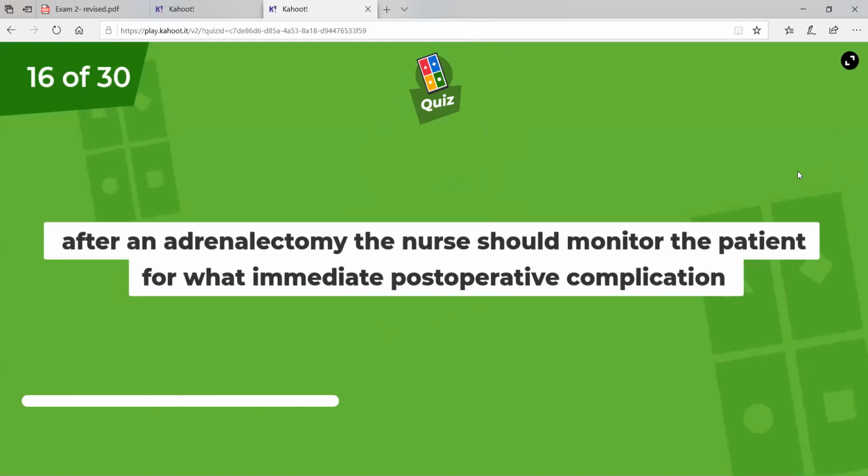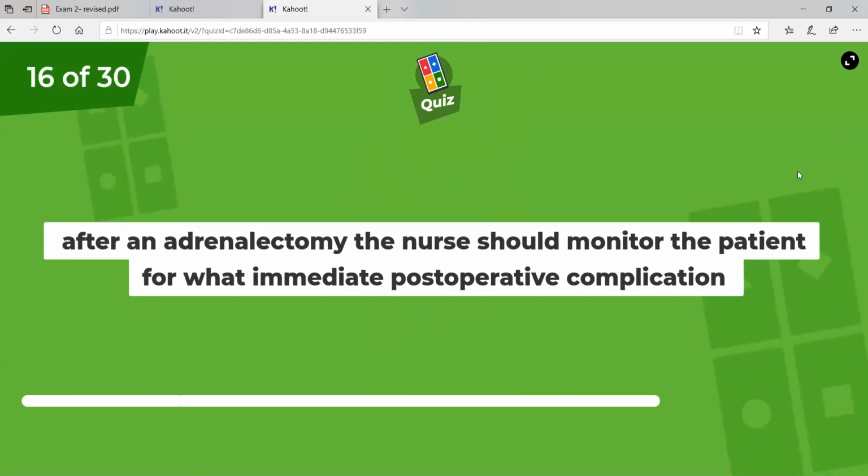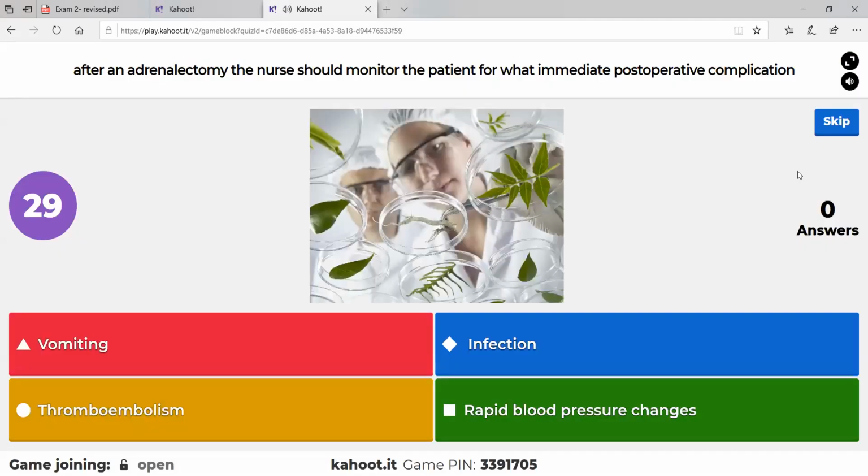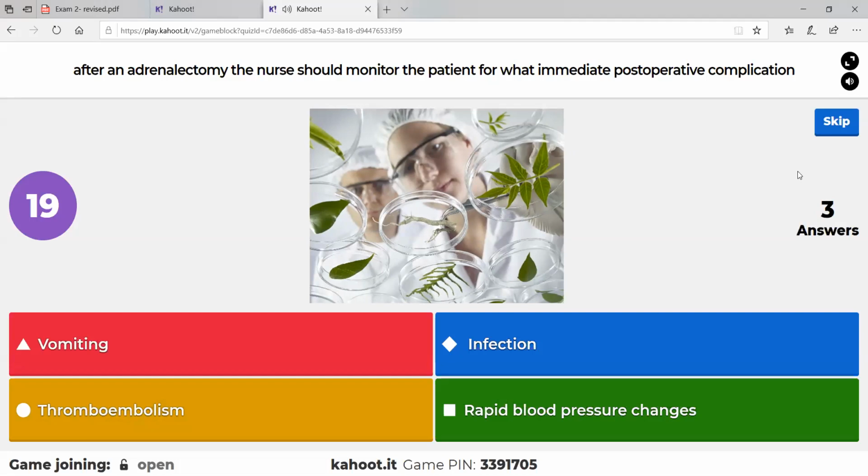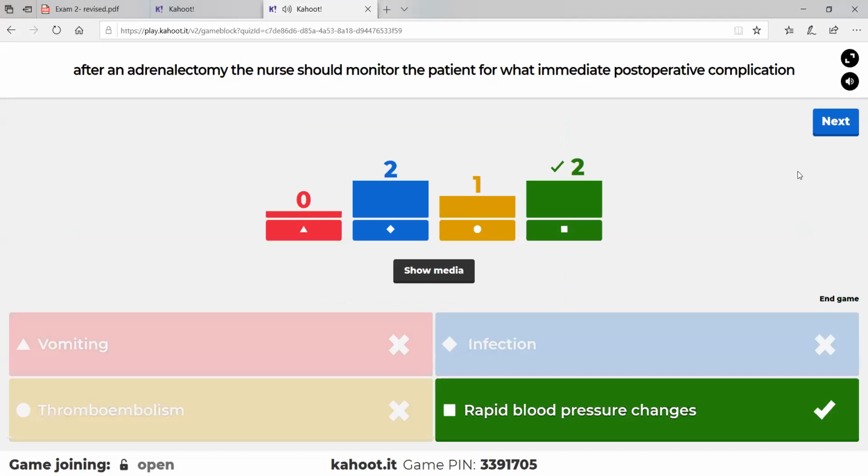Okay, so after someone gets an adrenalectomy, the nurse should monitor the patient for what immediate post-op complications. Okay, so it's blood pressure changes.